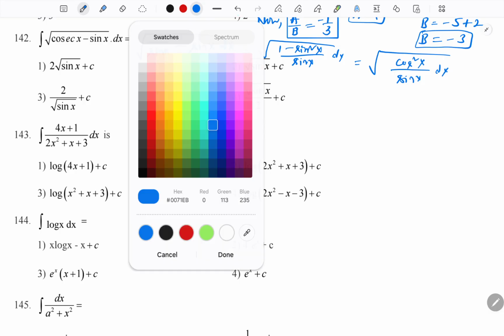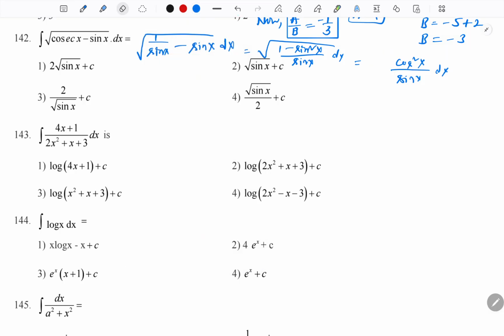This dx is out, right? Then here we can cancel the square and the root in the numerator part.